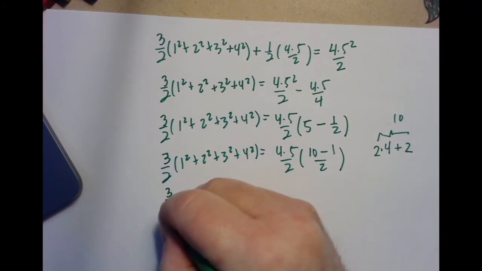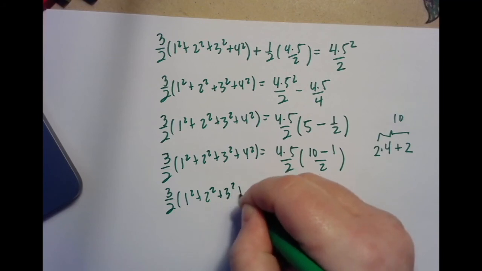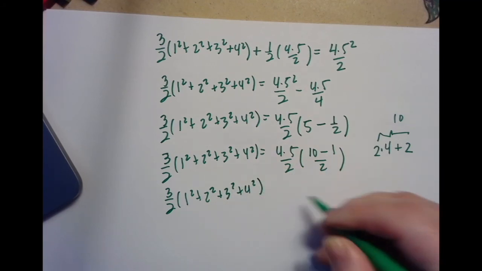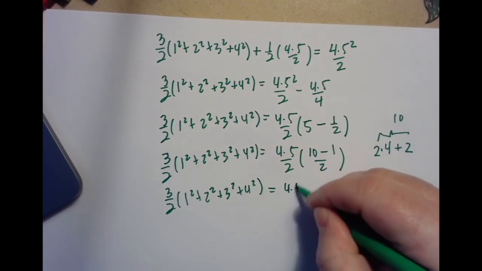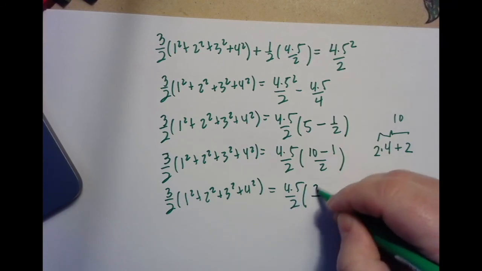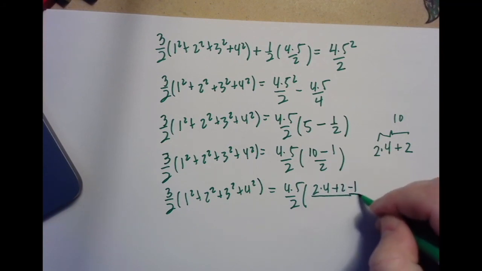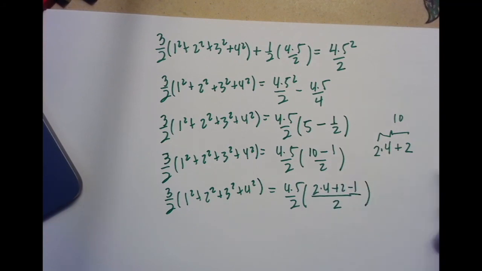So let's plug that in there, because it has a 4 in it. So I'm going to write this as 4 times 5 over 2, and I'm going to replace the 10 with 2 times 4 plus 2 minus 1 all over 2, like that.